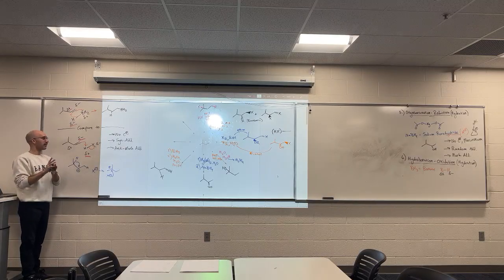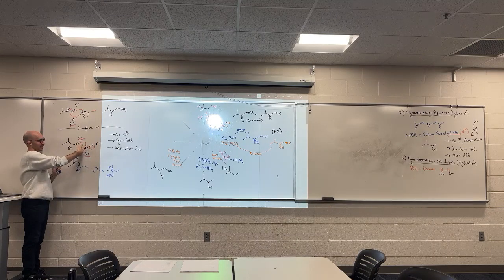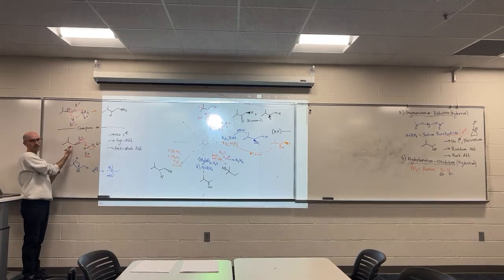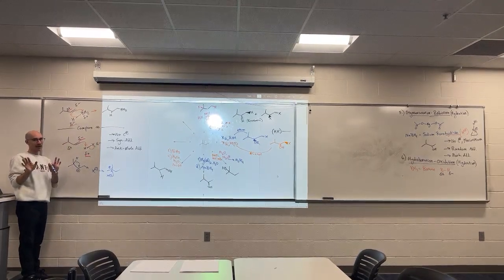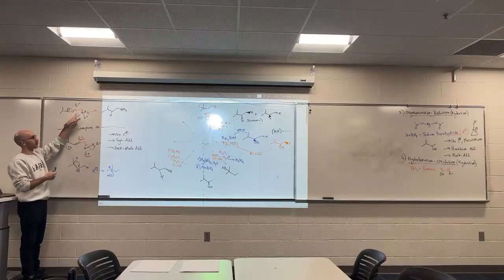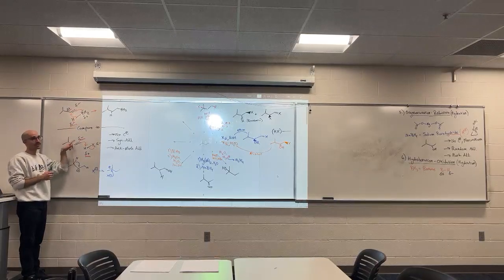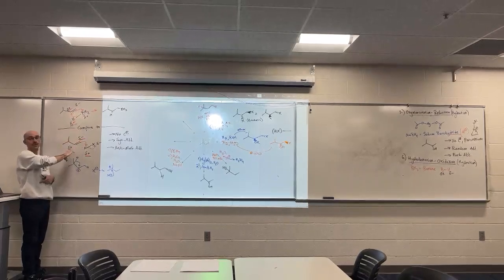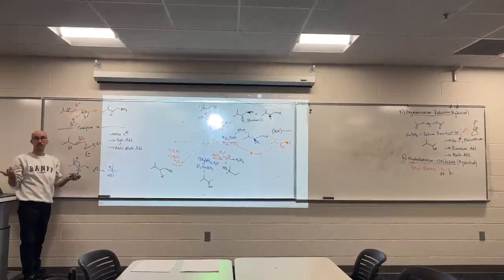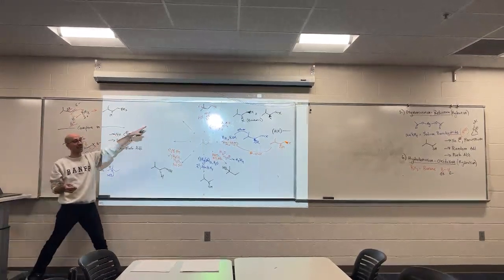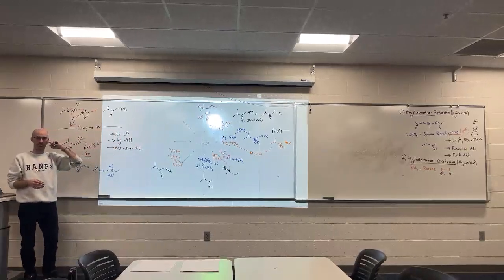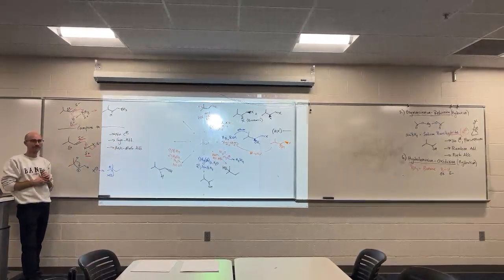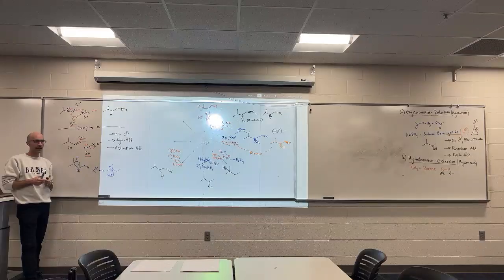I actually thought about orienting this the other way so that you could see the partial negative line up with the partial positive. But I also didn't want anyone to accidentally draw the exact same arrows because these do not have the same step. If they did have the same arrows, there'd be no carbocation, there'd be no rearrangement, and yet we know that to be true of this product. Yep, good question.